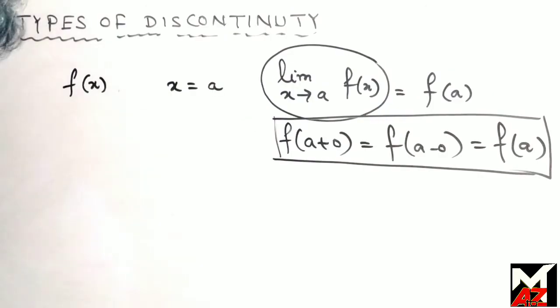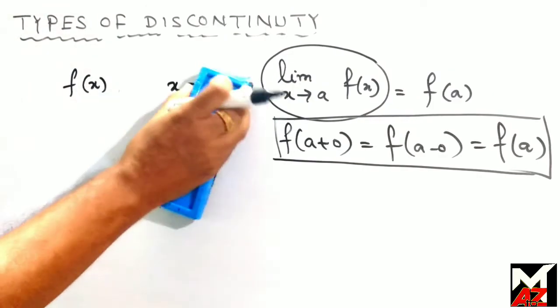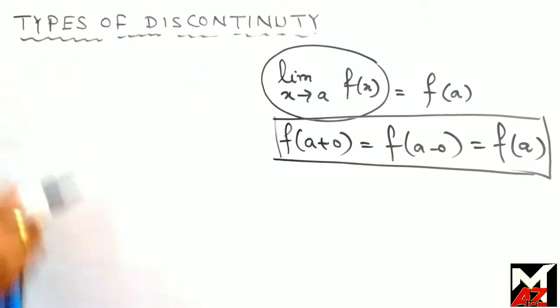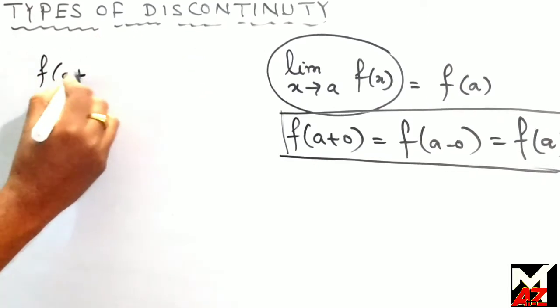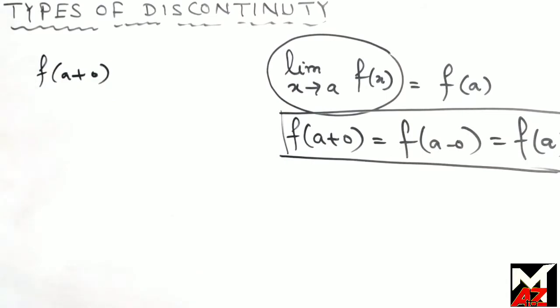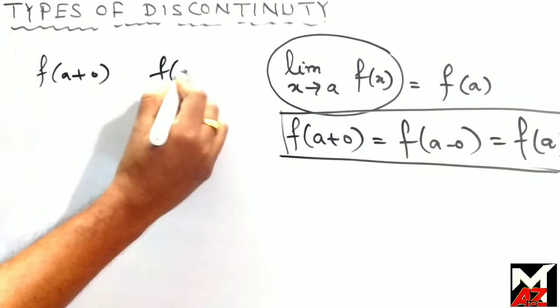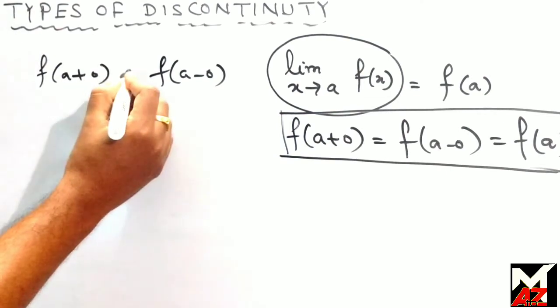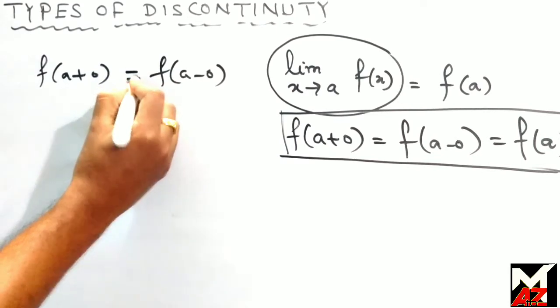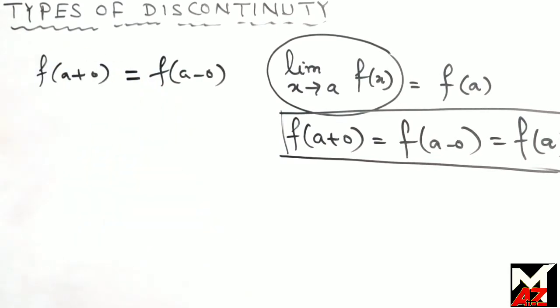Now we start with the types of discontinuities. Let the right hand limit and left hand limit both exist and both be equal. That is, the limit exists.